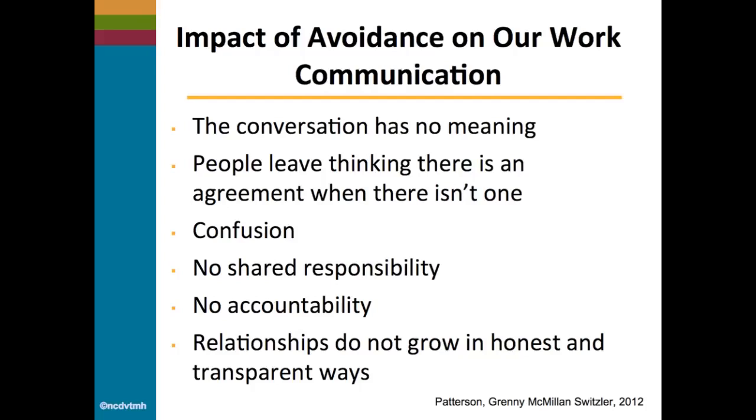So folks' behaviors can get confusing, because some of us might be operating from a place of, hey, we've got this plan and something we're going to implement, and others are like, wait, what is going on? And so there's not shared responsibility for how we're operating. Are we really working as a team? Are we together? And because we're not on the same page, there's often very little or no accountability for the decisions that we thought we just made. So relationships don't grow in this honest way, and transparency is out the window.